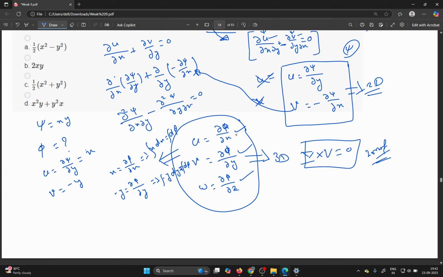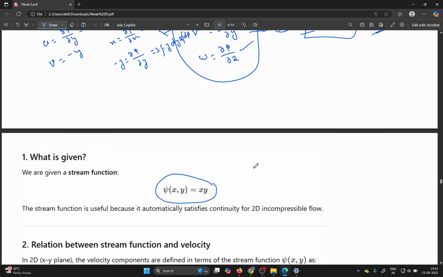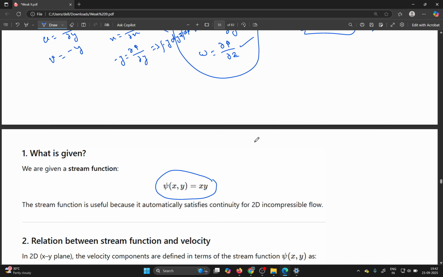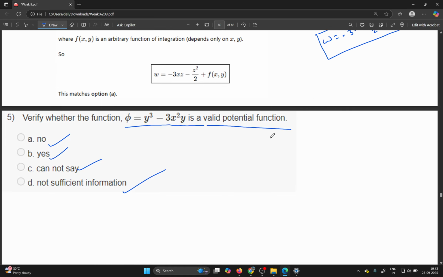You cannot write the velocity potential function for a rotational type of flow, remember please. So if any question is asking whether this potential function is valid or not, you have to check whether this potential function follows irrotationality or not. If it does not follow irrotationality, it is not valid, because in fluid mechanics this concept is valid only for irrotational flow.